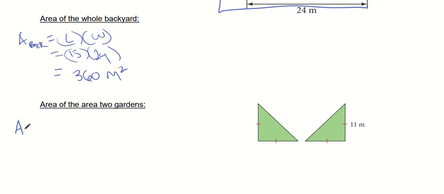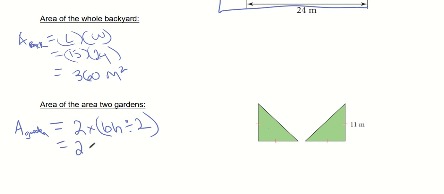So the area of the garden equals 2 times a triangle, and the formula for the triangle is base times height divided by 2. You can put these in brackets if it's easier for you to understand.